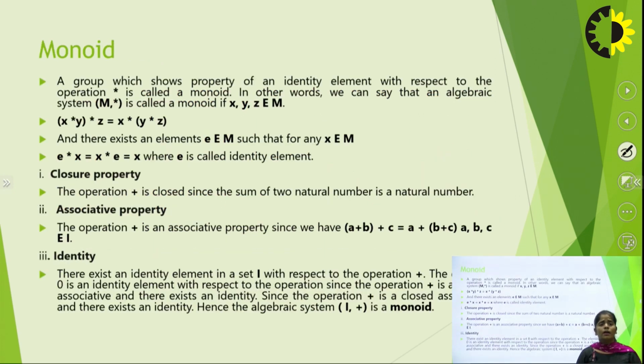Now come to the monoid. A monoid is basically a structure which shows the property of an identity element with respect to a given operation star.